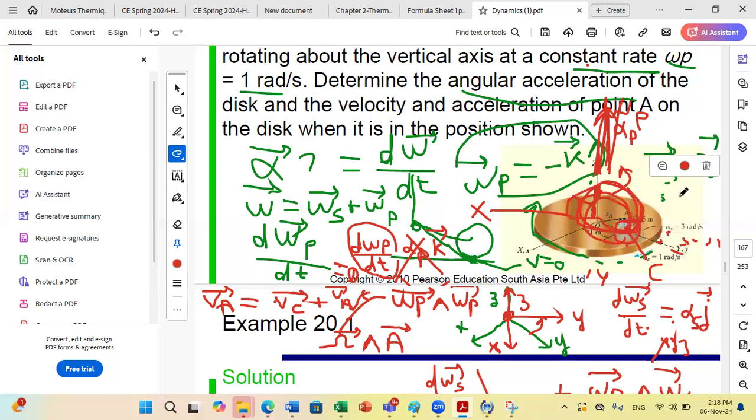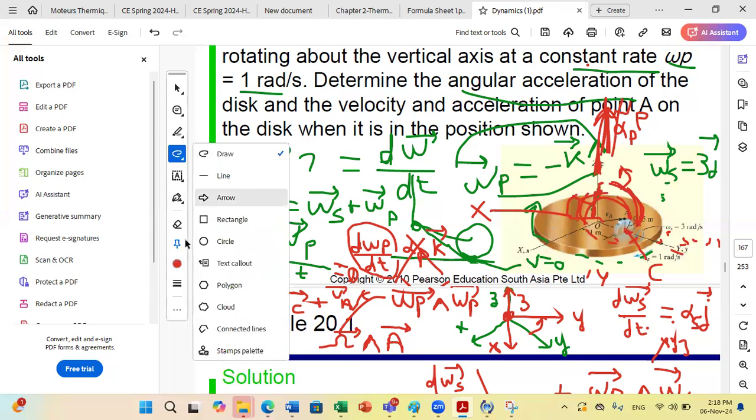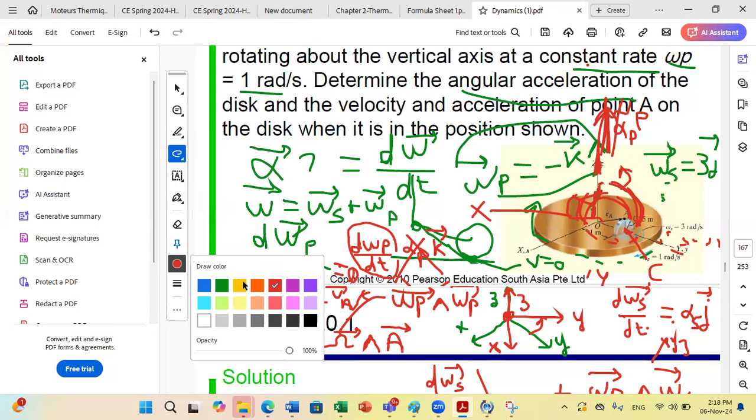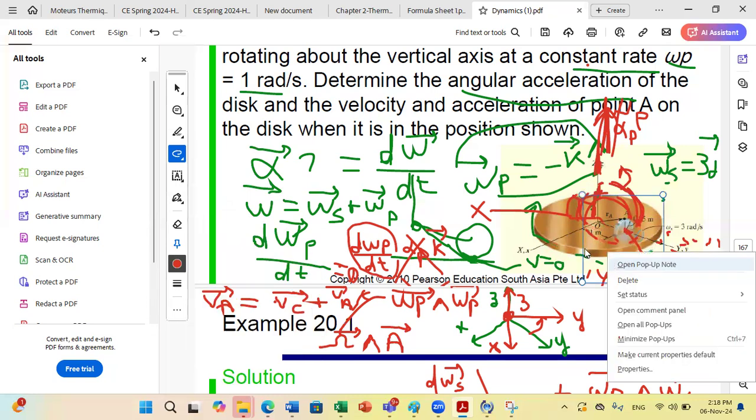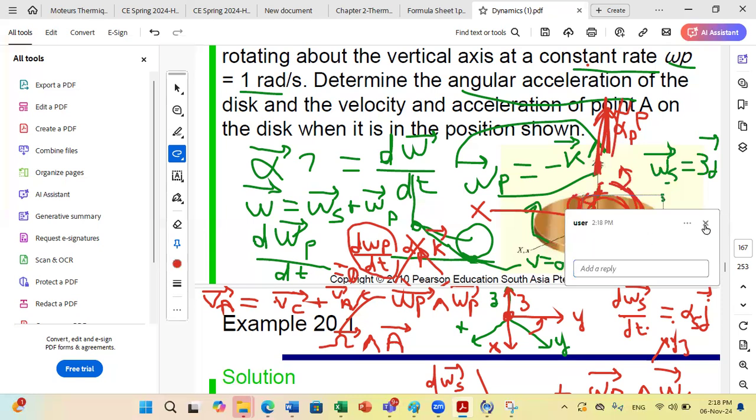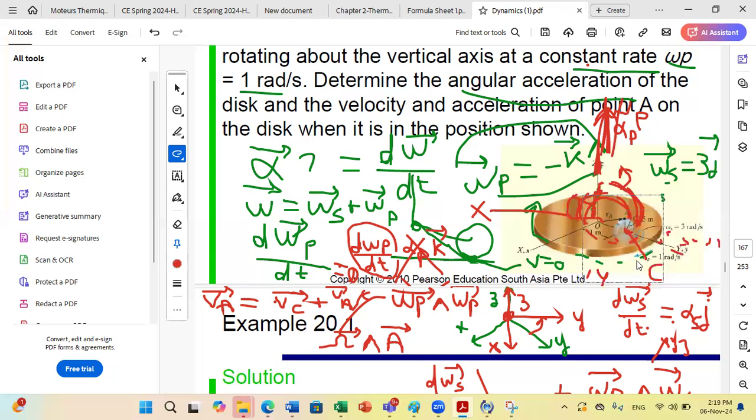Who can tell me? Omega P times radius. Exactly. And the direction, using the right hand rule, is perpendicular to the radius, minus k, because omega P is along negative k.